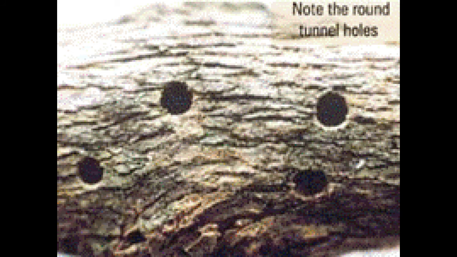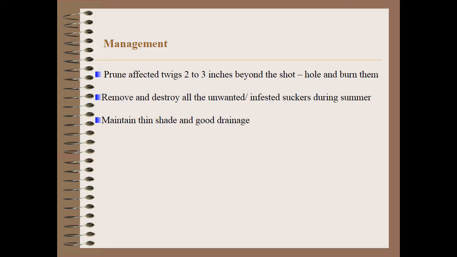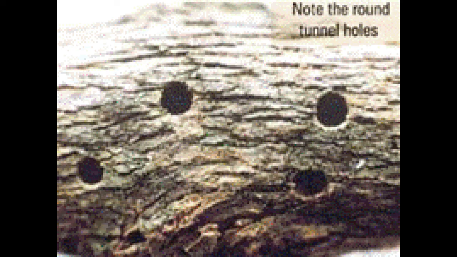The shot holes are present on stems or affected shoots. Prune affected twigs 2 to 3 inches beyond the shot hole and burn them. Remove and destroy all unwanted infested suckers during summer, and maintain good shade and good drainage.